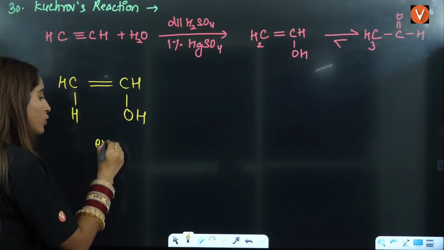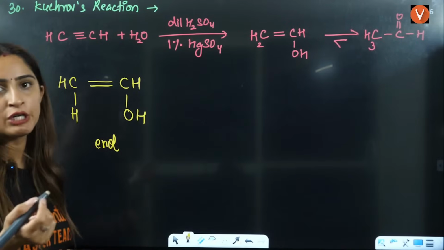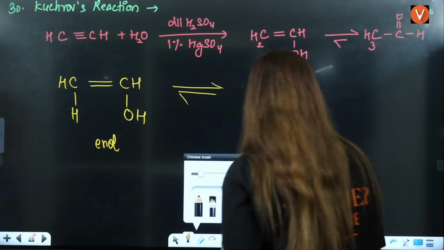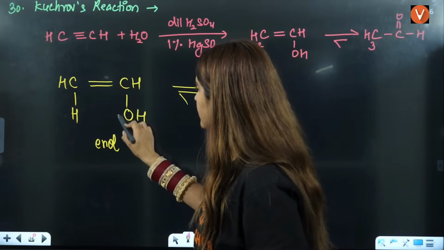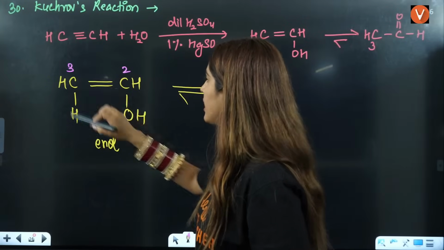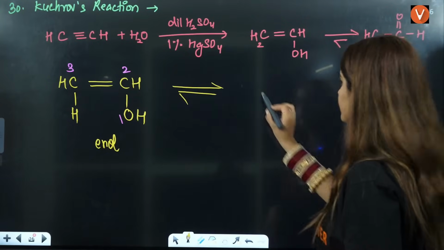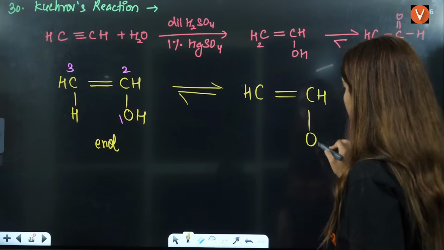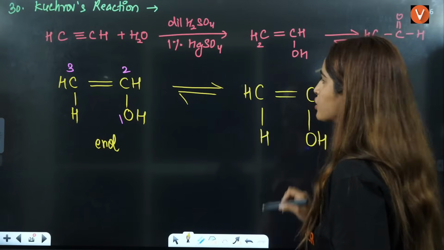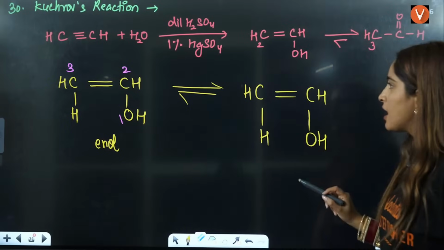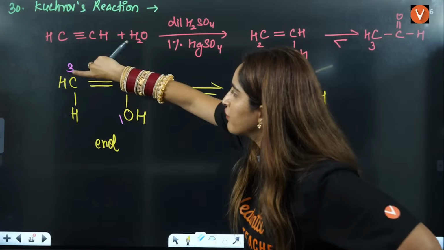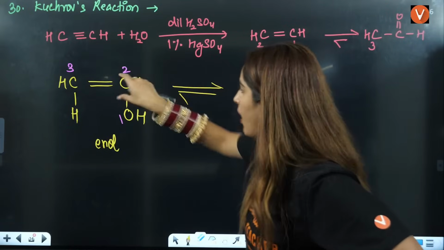Now, this is an enol. You have to convert it into a ketone. Okay, so what will you do? You will do tautomerism here. So how does tautomerism happen? This is 1, this is 2, this is 3. Just do one thing. This is CH, this is a double bond, this is CH, this is OH, this is H. So what you have to do here is shift the double bond from 2 and 3 to 1 and 2.